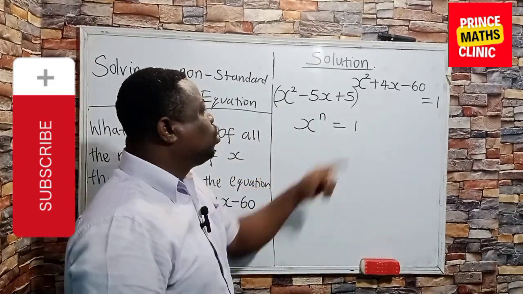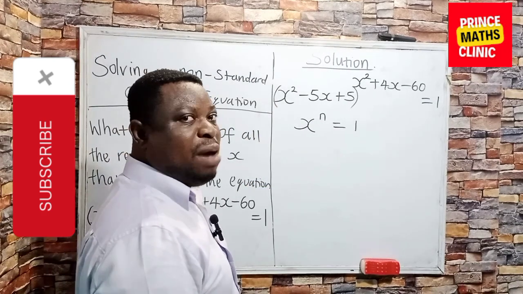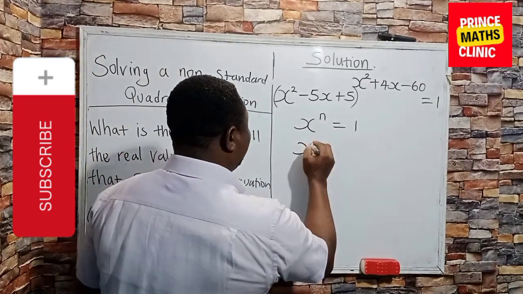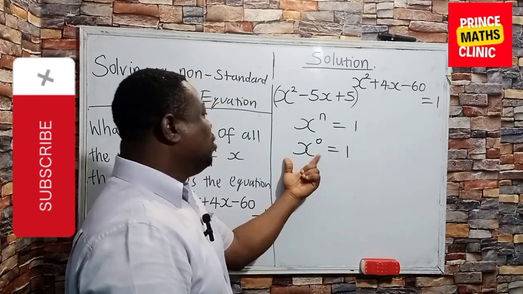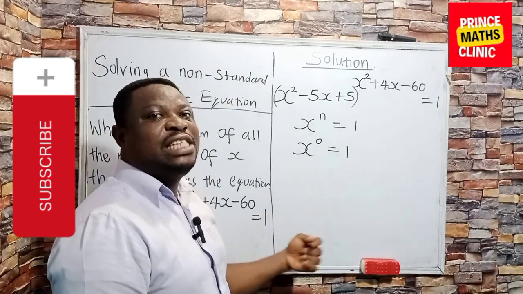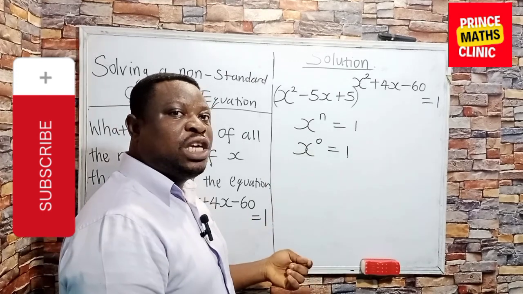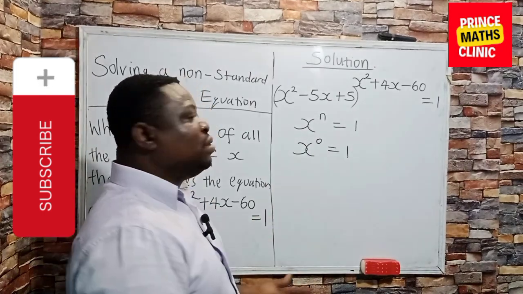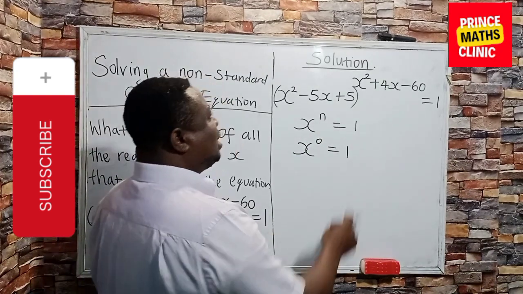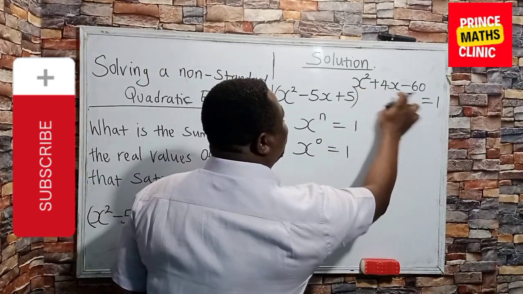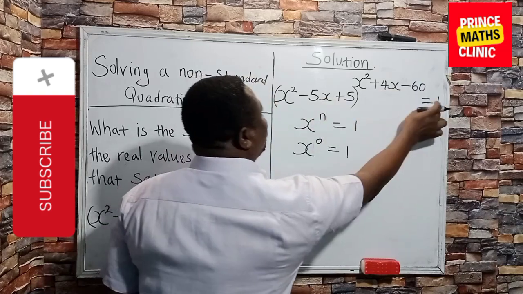For this to be equal to 1, remember, if we have x to the power of 0, it will give us 1. Any number or any base that is carrying a power of 0 must surely give us 1. So that leads me to the first condition, and that condition is that this power must be 0 for this to be equal to 1.